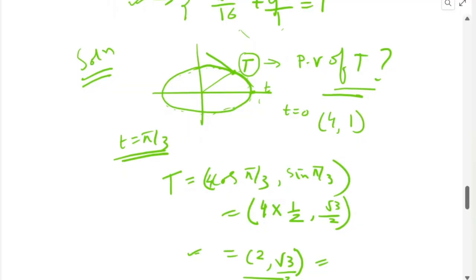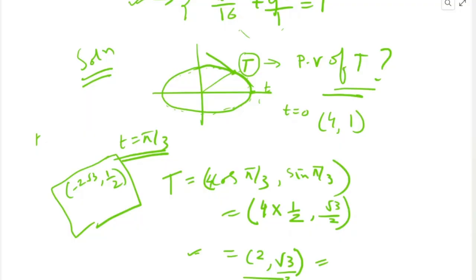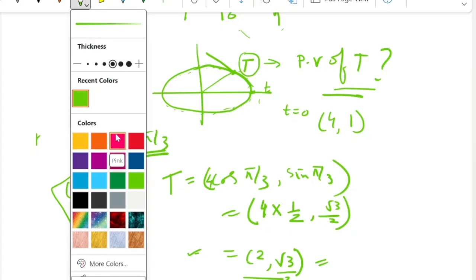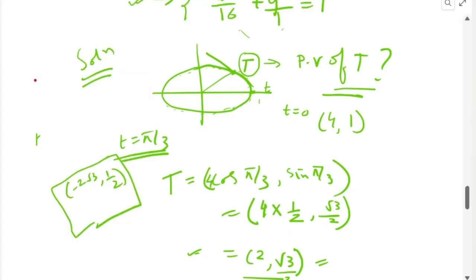So actually you are getting a vector, right? Let me write it here. Minus 2 root 3 by half. This we have already found out. Let me change this color a bit. Okay.